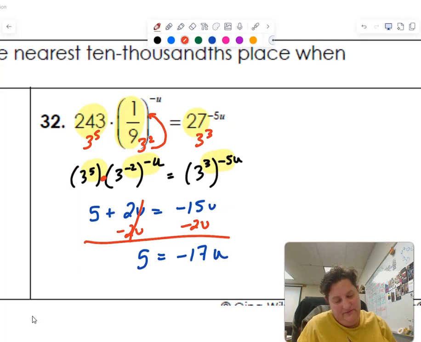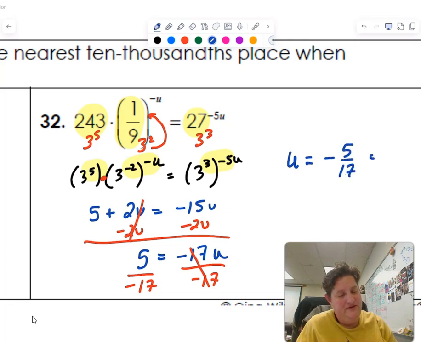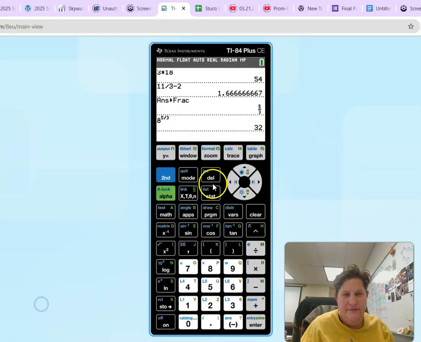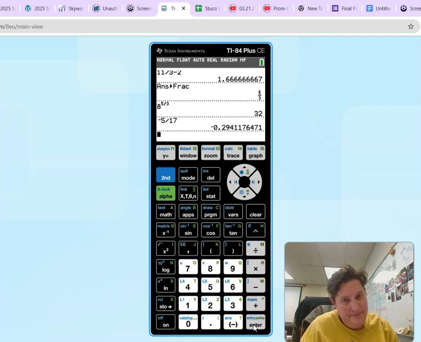And then if I divide by negative 17, okay, u is negative 5 over 17, or as a decimal we can put negative 0.294. Okay?